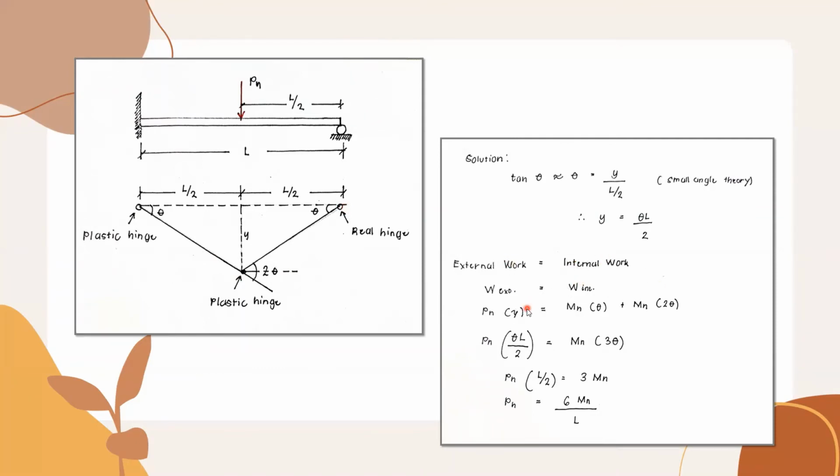P sub n times the deflection na theta L over 2. Since concentrated load siya, hindi na natin siya ita-times sa 1/2. Then, it is equals to M sub n times theta plus 2 theta kung saan may plastic hinge. Solving for P sub n is equals to 6 M sub n over L.